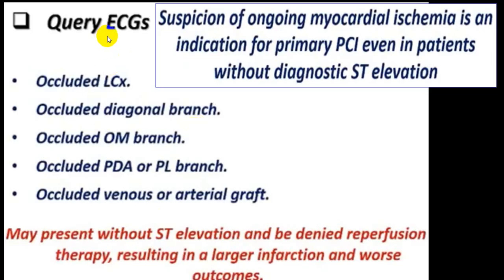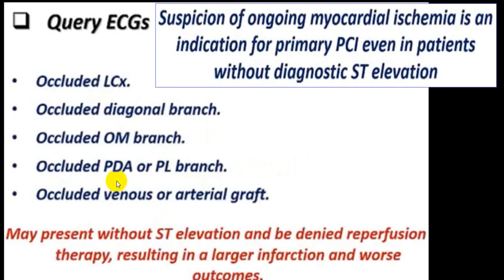So now we come to the main part, we call a query ECG or STEMI equivalent, meaning suspicion of ongoing myocardial ischemia is an indication of a primary PCI even in the patient without diagnostic ST elevation, and that we call a query ECG or STEMI equivalent. And this will take place if there is an occlusion of left circumflex, diagonal branches, OM branches, PDA branches or PL branches, or sometimes even arterial graft or venous graft occlusion.